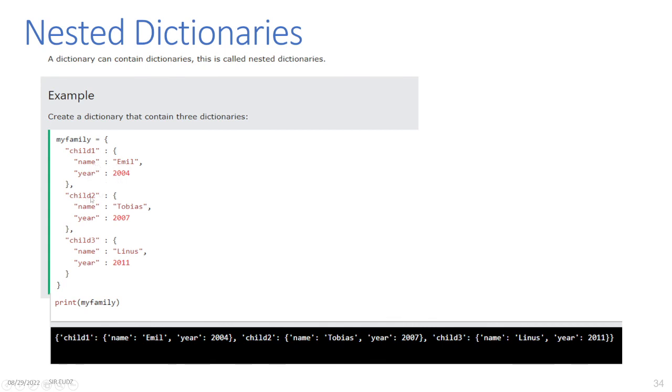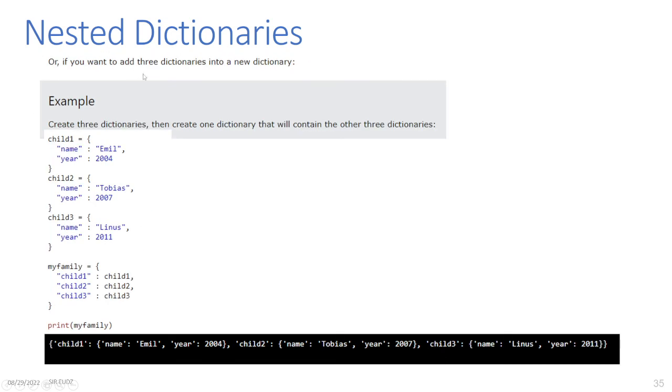Then child 2 is another key, and its value is another dictionary, with name Tobias and year 2007. Child 3 is another key, and its value is again another dictionary, with name Linus and year 2011. If you print my family, you have child 1, and the value of child 1 will be a dictionary, with the key name, Emil, and the key year with the value 2004. The same with child 2 and child 3.